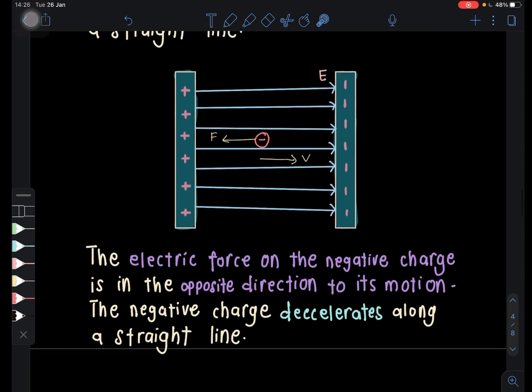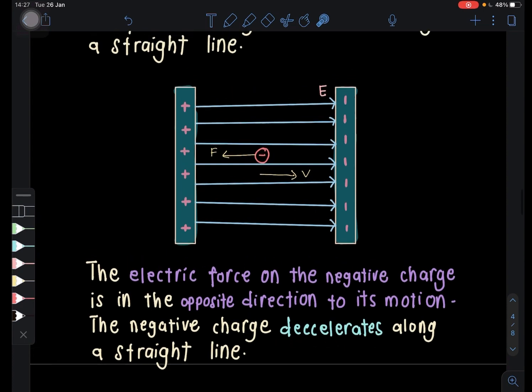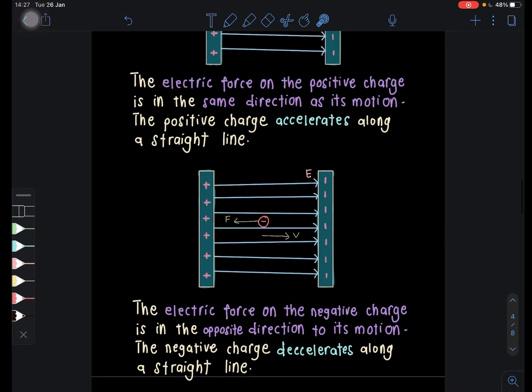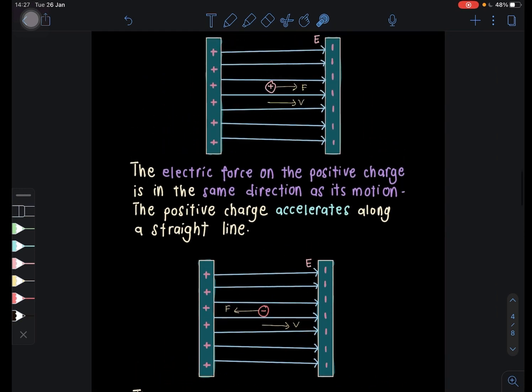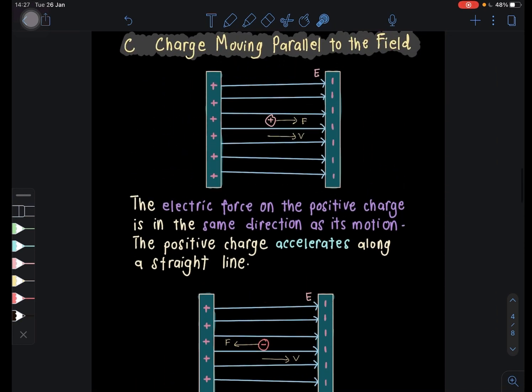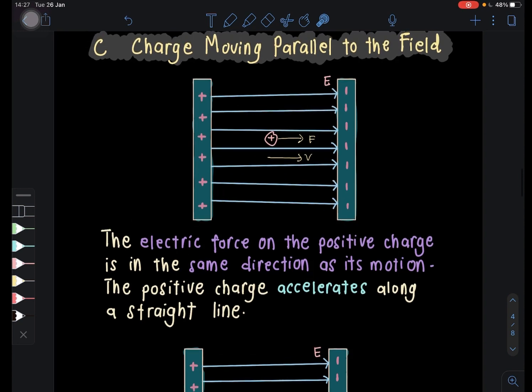So the electric force on this negative charge is in the opposite direction to its motion, whose direction is the same as the electric field. Meaning that this negative charge actually decelerates along a straight line. So this is what happens when we place a positive charge and a negative charge moving in the same direction as the field.